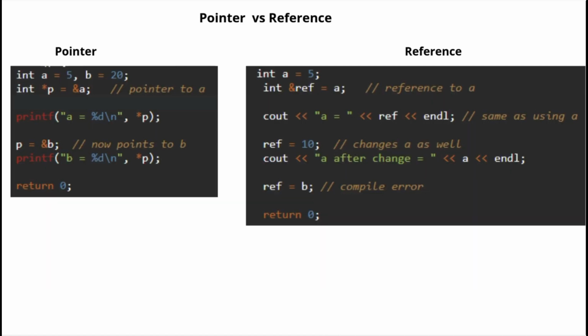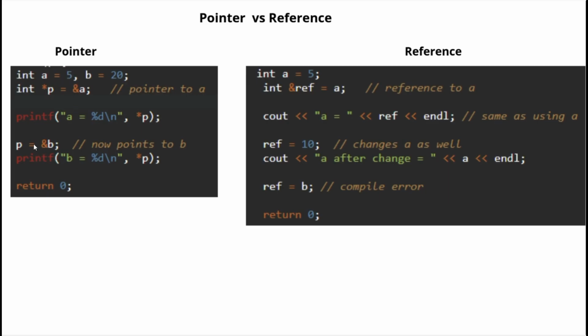Let's see some examples. For the pointer, you can see I have two variables, int a and b. First I created a pointer p which is pointing to the memory address of a, and I can dereference it with *p. I can access a directly using the pointer, so if you print here, it will print 5, the value of a.